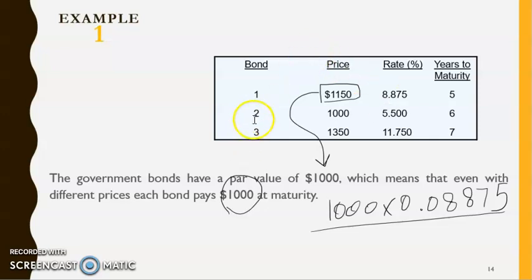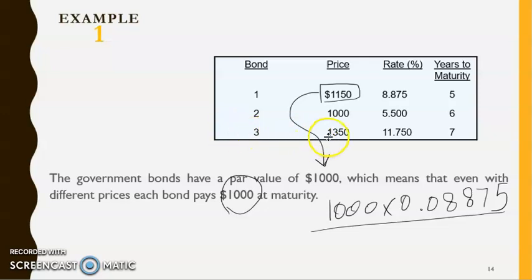For bond number 2, the years to maturity is 6 years. So for 6 years, they are going to pay you a 5.5% interest rate. And finally, after 6 years, they are going to also pay you this $1,000.